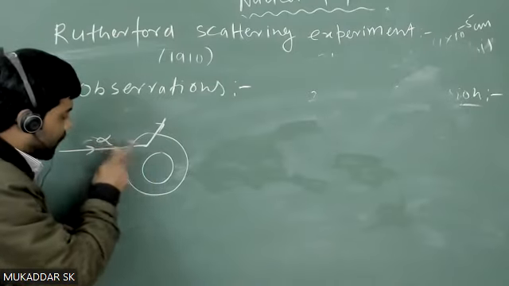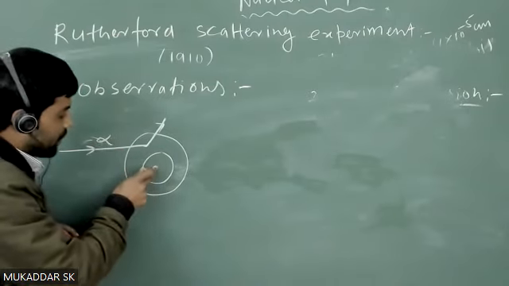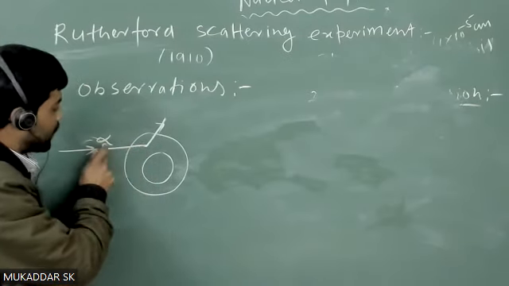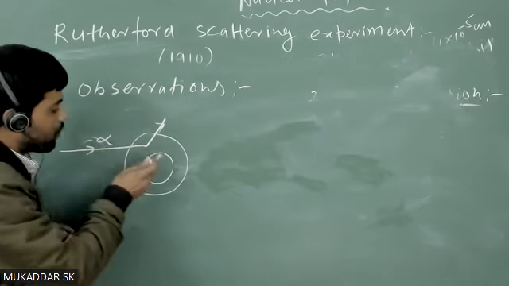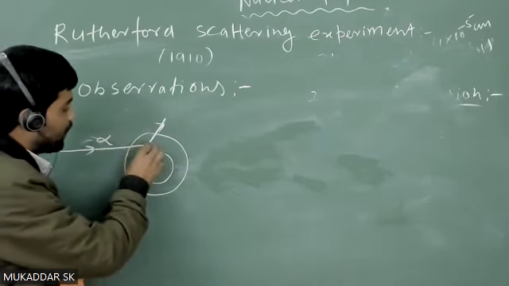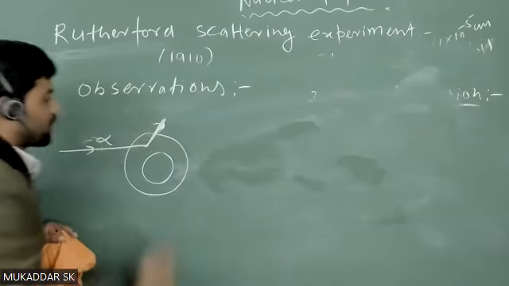This positive charge is repulsing the alpha particle, because the alpha particle has positive charge, and because of this there is scattering.